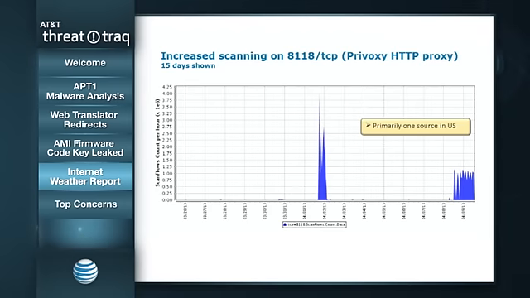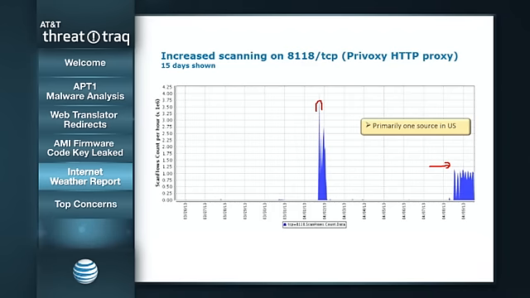It's primarily one source in the United States. This same source had done a quick, very aggressive scan around April 1st, April 2nd time frame, and then we didn't really see any activity. And then they started to do more continuous, ongoing scanning since yesterday into today, from about April 8th into the 9th here.